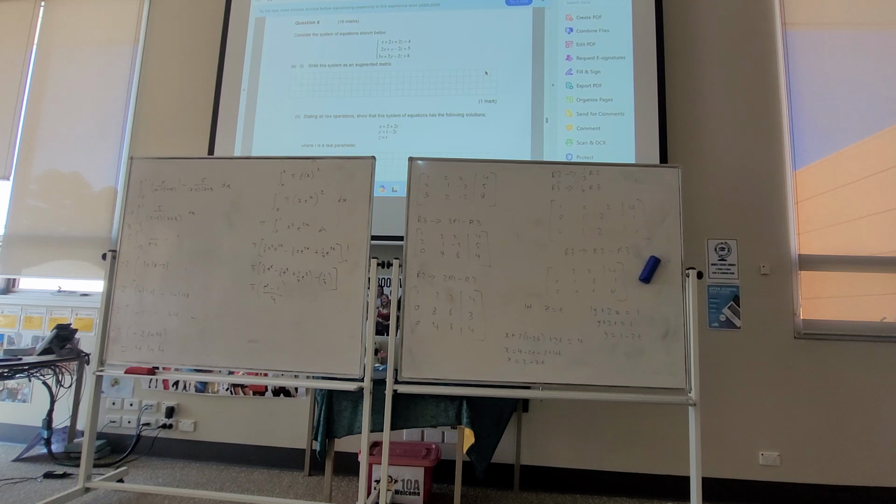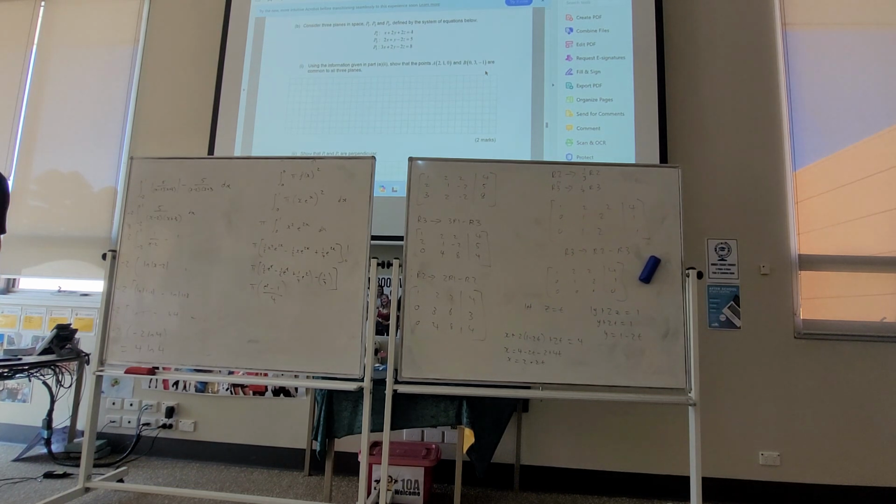Okay, using the information in A part 1, show that the points A and B are common to all 3 planes. Alright, so scroll down there. So we have 2 coordinates, and it says show that these points A and B are common to all 3 planes.